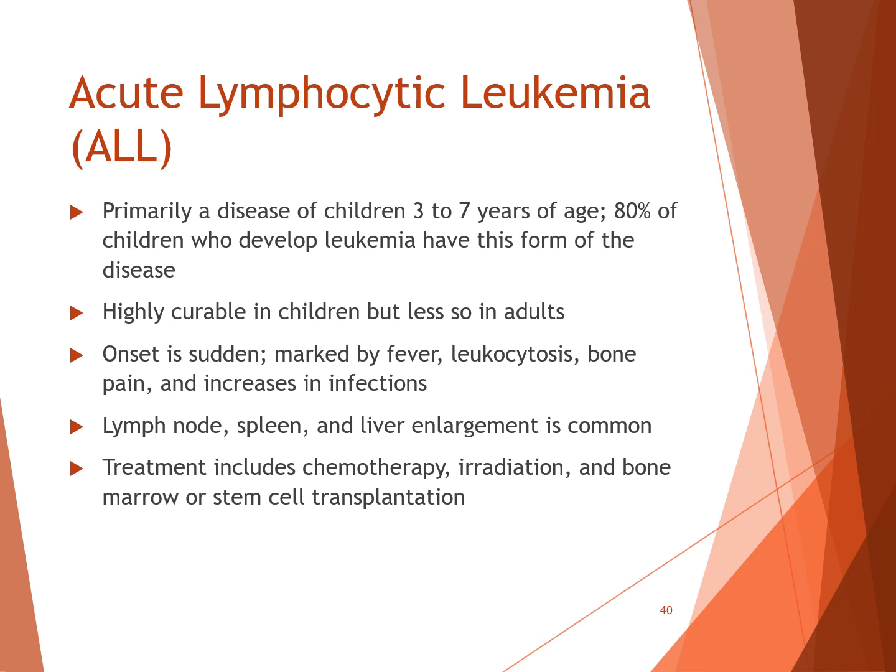Opposite of chronic lymphocytic leukemia, 80% of all children who develop leukemia have this type, and it's primarily between the ages of 3 and 7, but fortunately it's highly curable when it is found in children. Like I said, the onset is very sudden, and it's marked by fever, leukocytosis, bone pain, and increased infections.